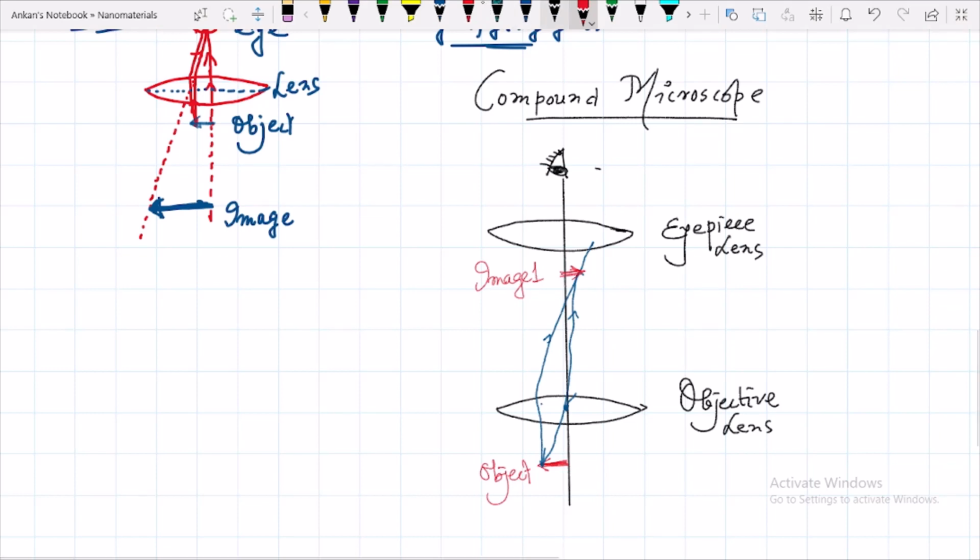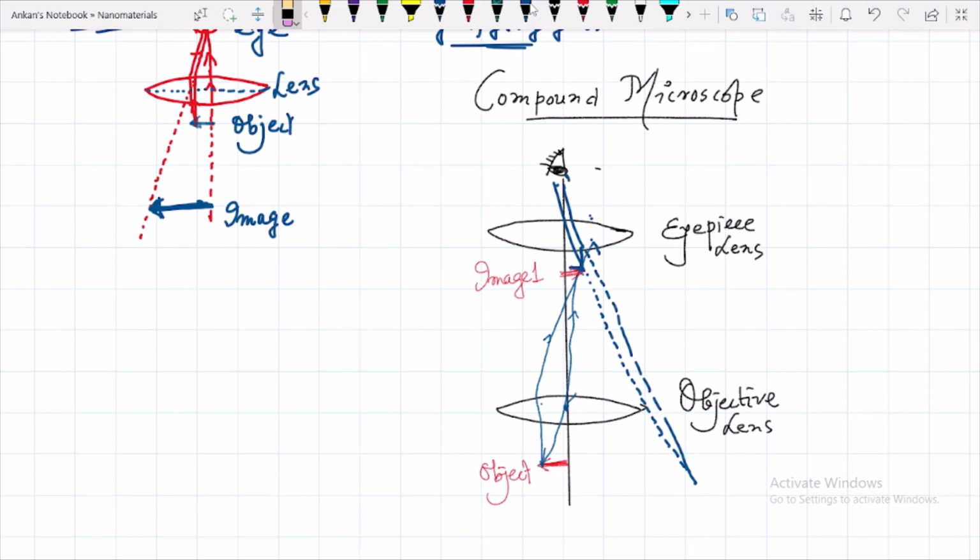Now, the function of the eyepiece is that from this, the light ray will pass here and it will seem to be coming from this, and this light ray will go along this.